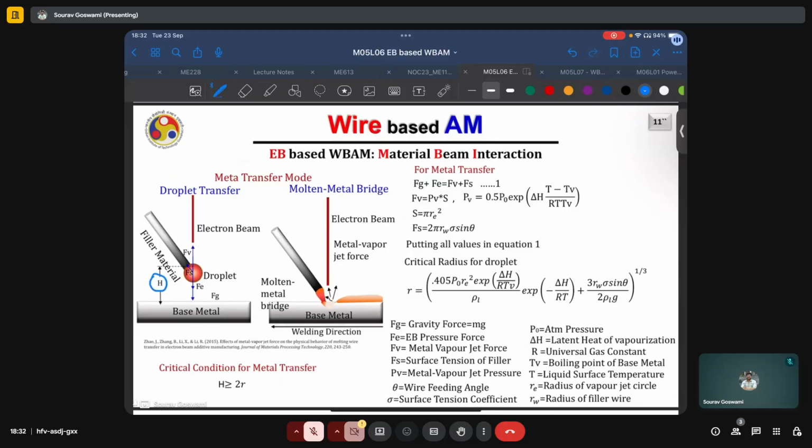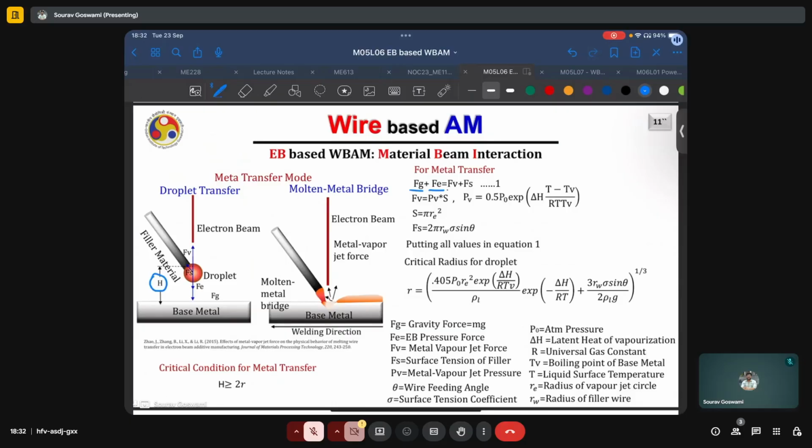Now, the various forces which govern the transfer of the droplet or the molten wire to the substrate are given here. They are the gravity force Fg, and the electron beam pressure force Fe. This electron beam pressure is because of the momentum that is being transferred from the jet of electrons which are continuously being incident on this molten metal.